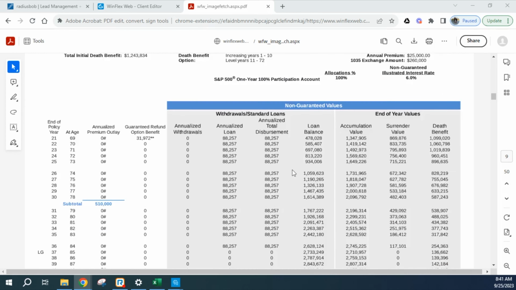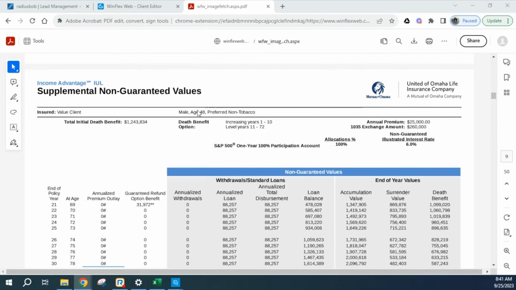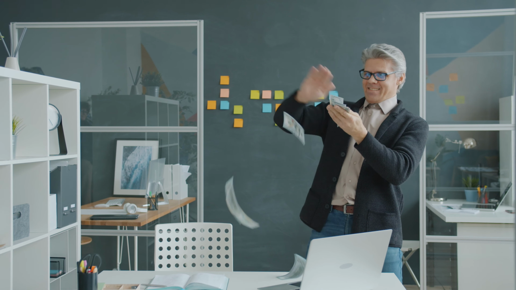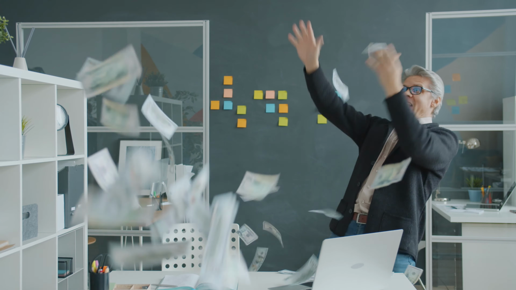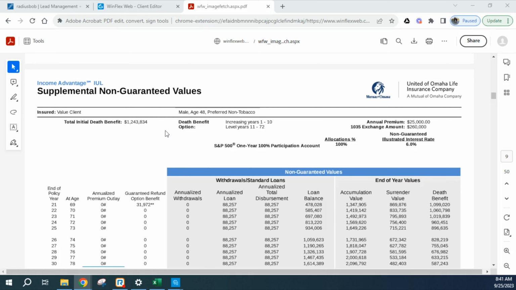So this gentleman was ecstatic to see what we could do to get him out of a policy that was more focused on death benefit, didn't need that amount of death benefit, and was able to bring him over to a policy that's more optimized to lower his cost so that his cash value can grow much quicker and be more efficient for tax-free retirement income.